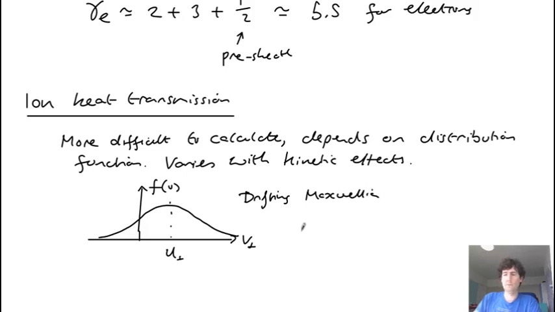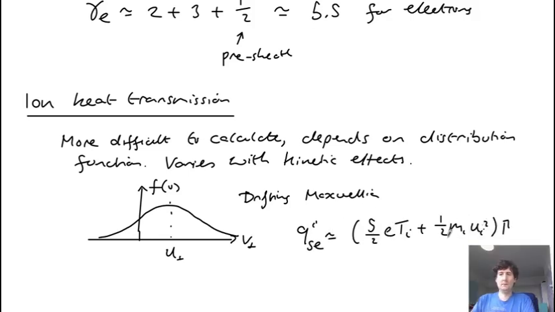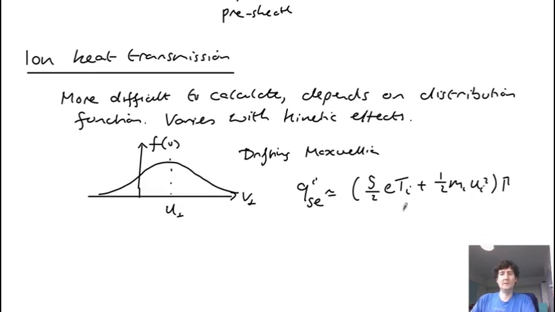So in this case, we can make the approximation that the ion heat flux at the sheath entrance is roughly given by a combination of essentially the thermal energy, the work being done, and the kinetic energy, so half m u squared. So this is the kinetic energy and essentially thermal energy in terms of the heat flux through the sheath.